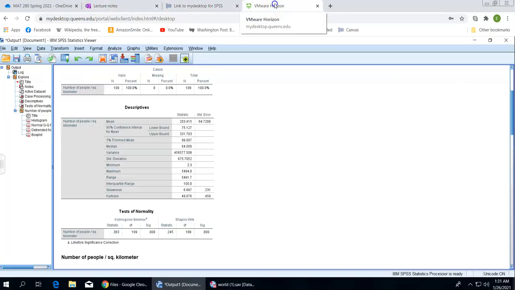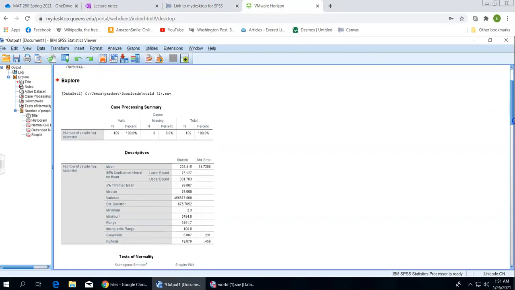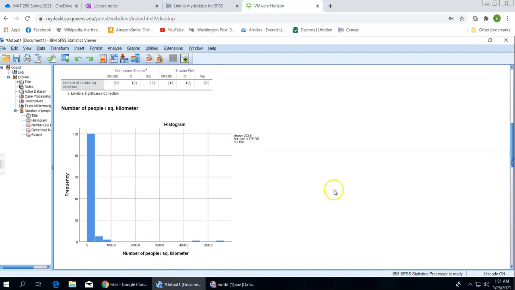And we should specify which way it's skewed. This is positively skewed. You can see because it's skewed to the right, this is where the long tail is.